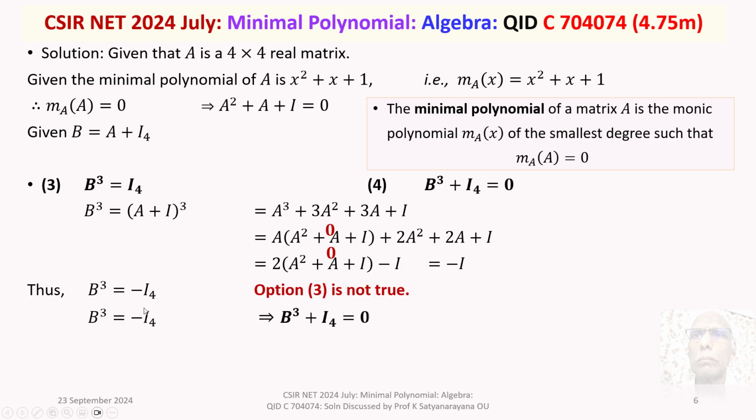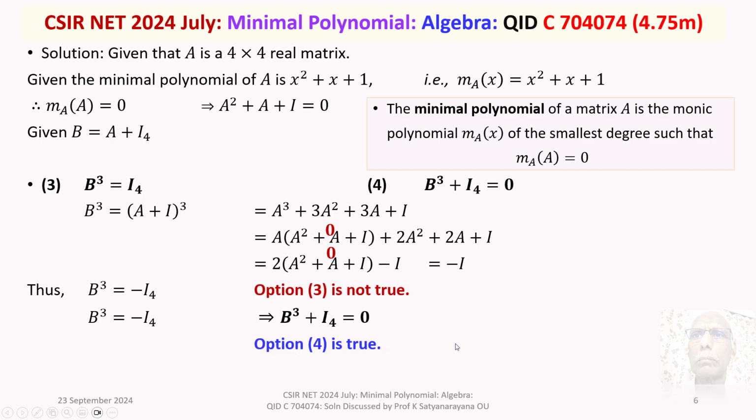B cube is equal to minus I implies B cube plus I is 0. This is precisely option 4. Therefore option 4 is true, option 3 is not true. Agreed.